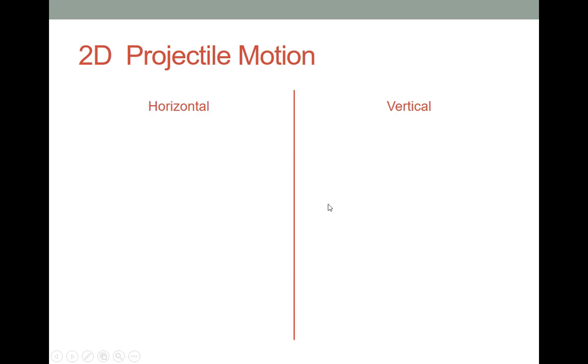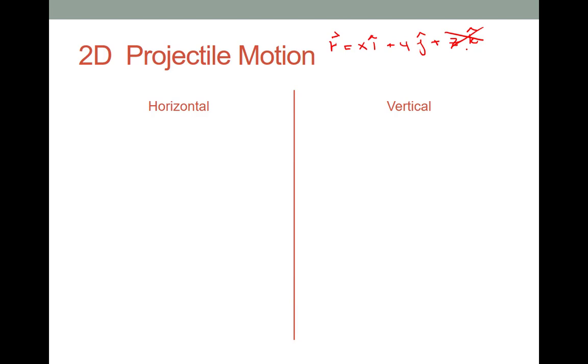Now let's consider the equations for 2D projectile motion. Remember that the position of an object can be considered as a horizontal position in the x direction, plus a vertical position in the y direction, plus a position in the z direction. Now we're working only in two dimensions, typically x and y.